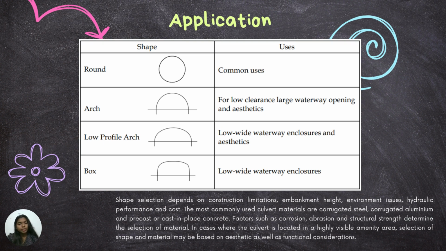Factors such as corrosion, abrasion, and structural strength determine the selection of the material. In some cases where the culvert is located in a highly visible amenity area, selection of the shape and material may be based on aesthetic as well as functional consideration.